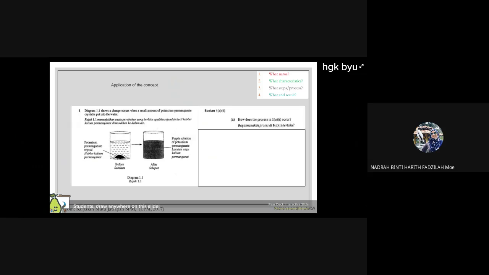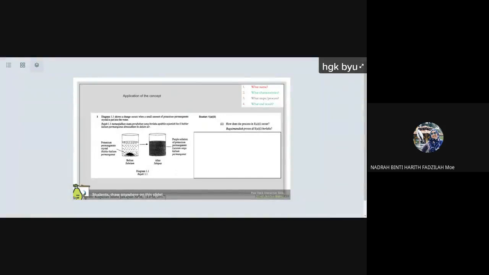Okay, mari kita cuba dulu. Don't worry, I will guide you step by step. Kita mulakan dulu dengan diagram 1.1 shows what process. What is the name of the process? Okay, we start from there.